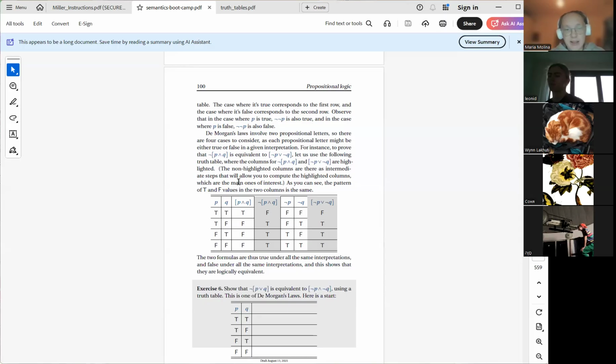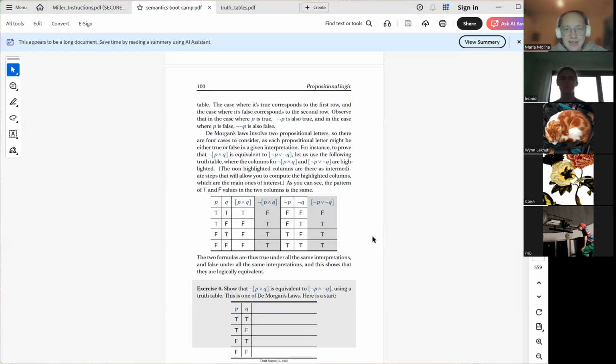This truth table gives us De Morgan's laws.